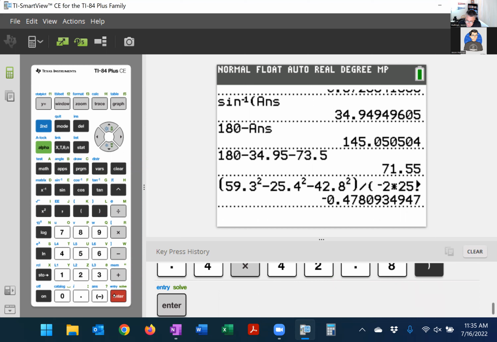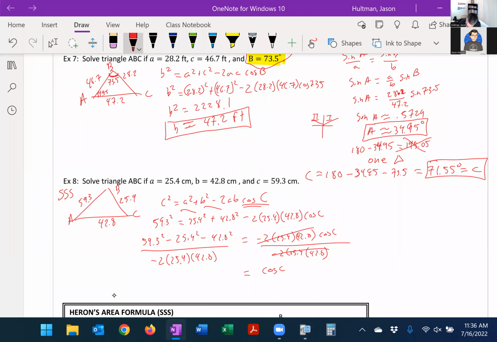And that gives me about negative 0.4781. Now I have to take the inverse cosine of this.